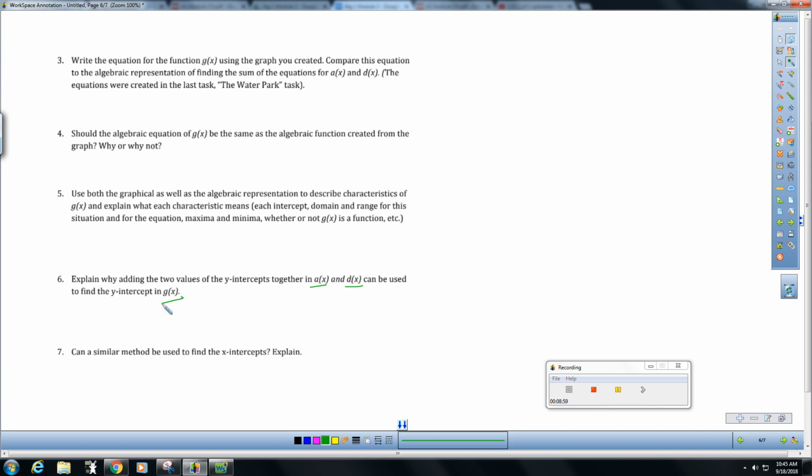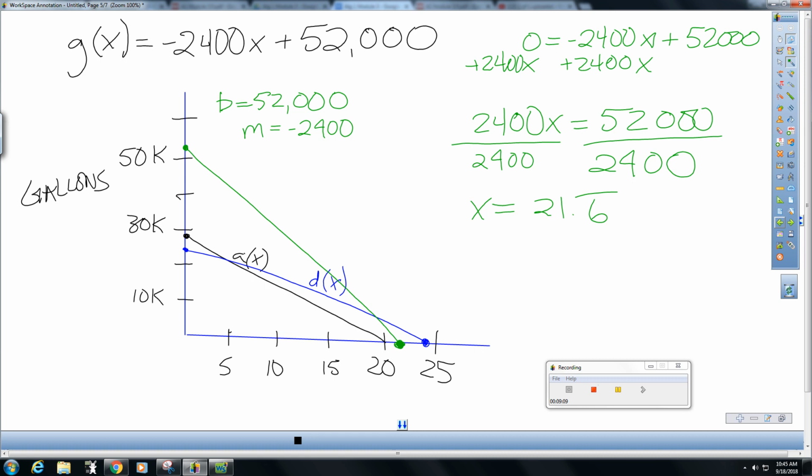For the x-intercepts, it's not the same because the slope of both equations were different, and what that created was a spot where we had to kind of average their slopes, creating a third new slope. So you were able to add the y-intercepts, but slope is a rate, and so those aren't something that you could just simply add.